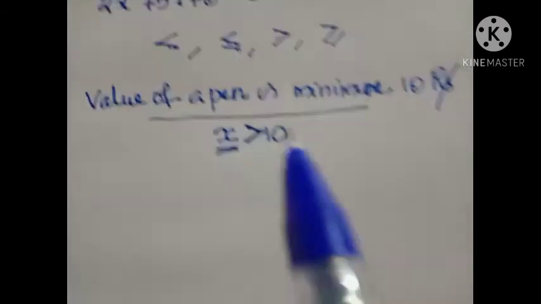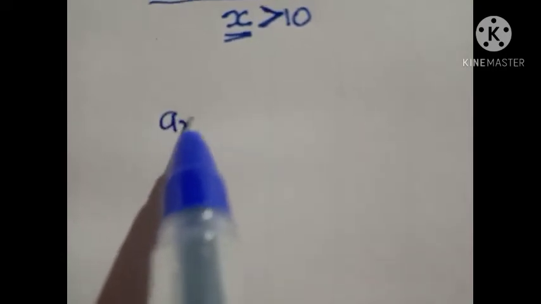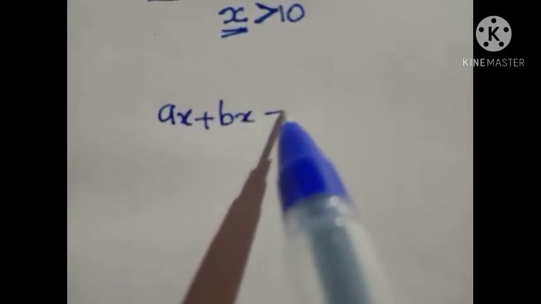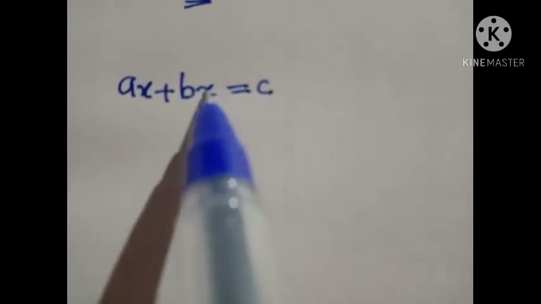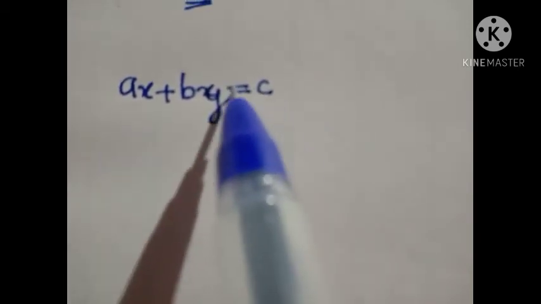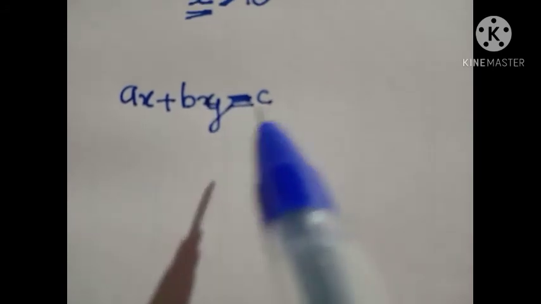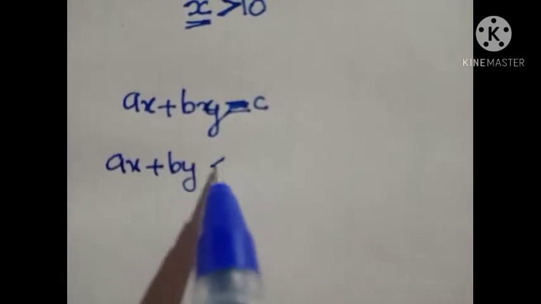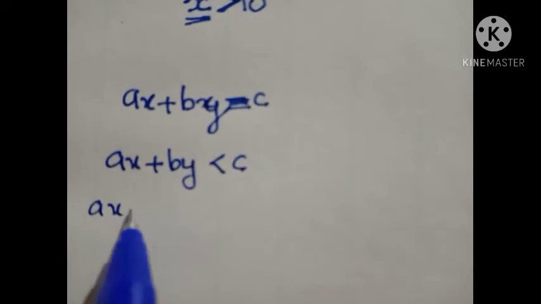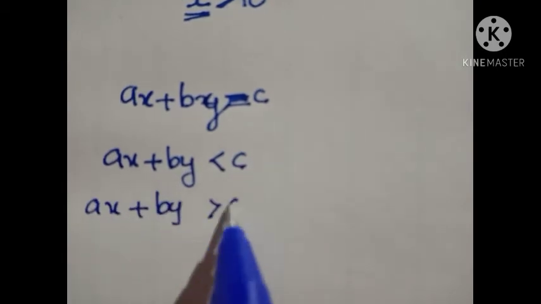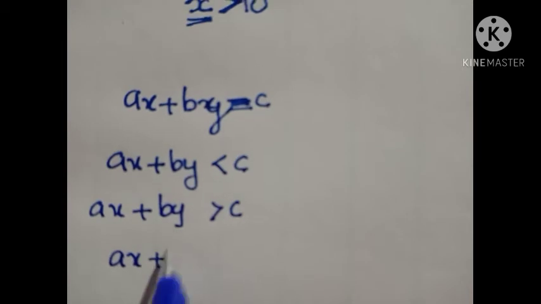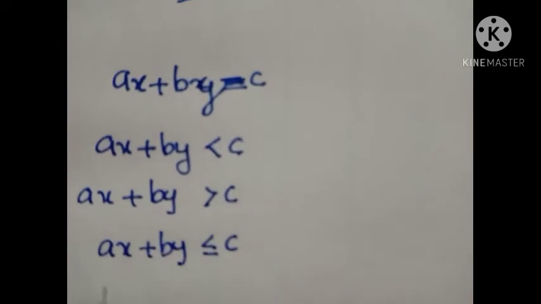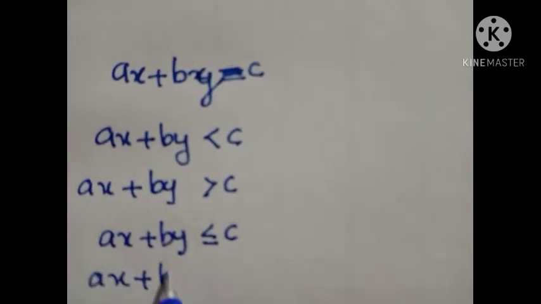Okay, so listen, suppose we have an expression just like ax plus by equal to c. Now this is an equation, because there is an equal sign. Instead of this equal sign, suppose it is less than, greater than, less than or equal to, or greater than or equal to.